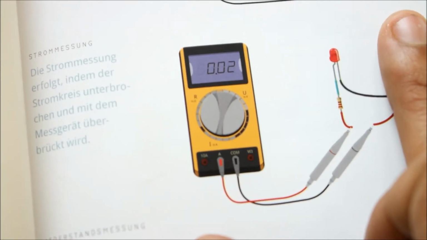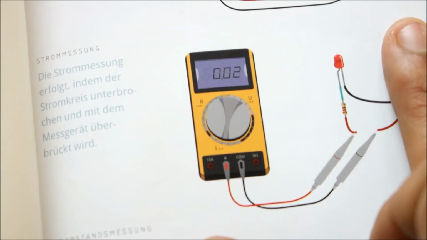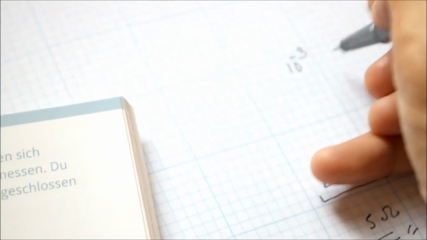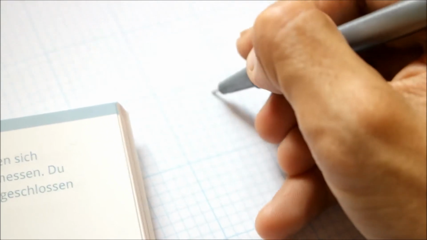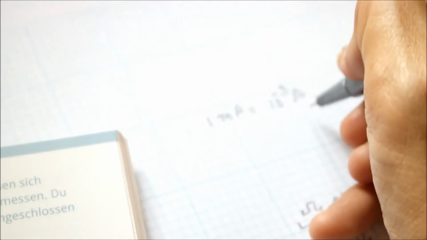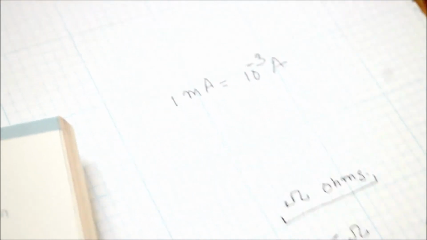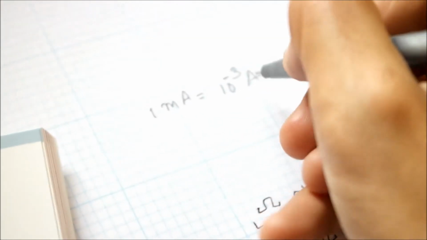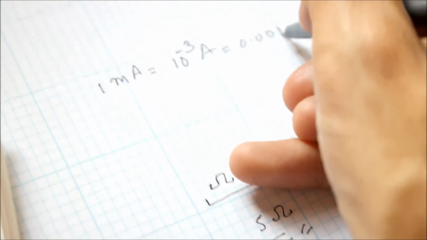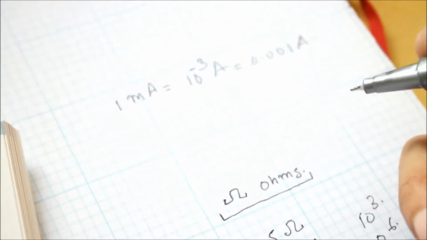Generally for our basic circuits, our current ranges fall in the milliamps range. 1 milliamp is equal to 10 to the power minus 3 amps, something like 0.001 amp.